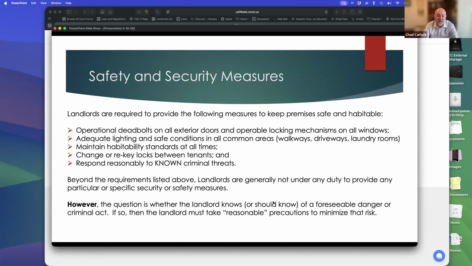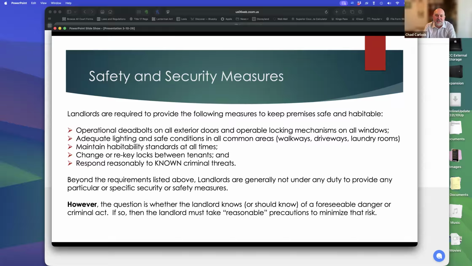Sometimes you can get into a situation where you're almost punished in a way if you provide a camera or an alarm system or whatever. Then the tenants can turn around and say, well, I thought it was going to be fine because there was a camera or there was an alarm, but it wasn't on that day, or it failed, and now you're responsible for whatever happened as a result of that. So it's almost a catch-22.